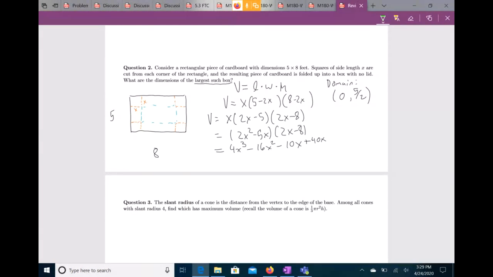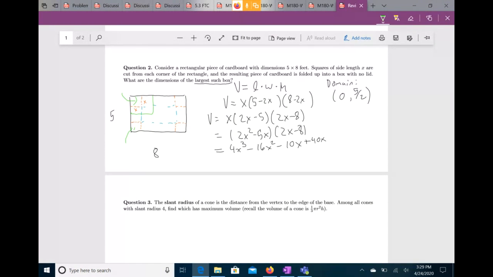If I cut out this square with side length 2.5 and this square with side length 2.5, it'll eliminate that entire side, so I wouldn't have a box at all. Yes, thank you, the term would be minus 10x squared. So we get 4x cubed minus 26x squared plus 40x.